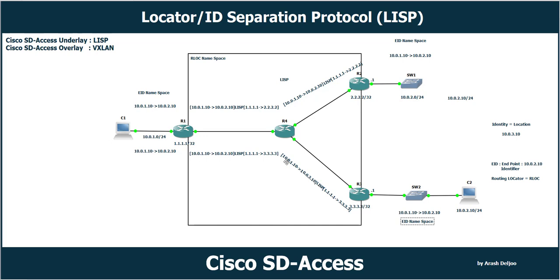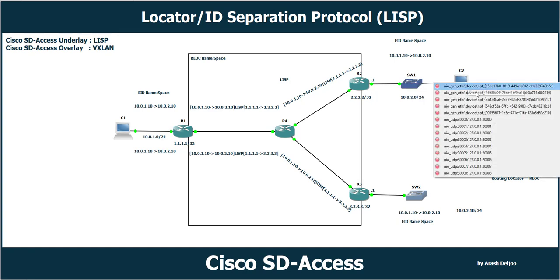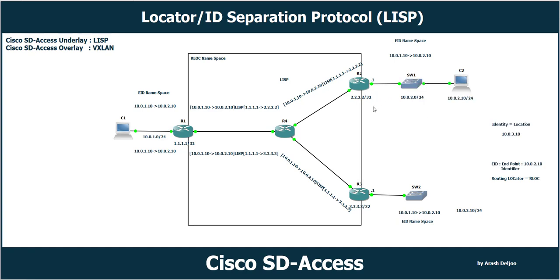For now, the important question is how router 1 is informed about the location of computer 2. You know that computer 2 previously was in this network, and the location of this computer was quad 2.